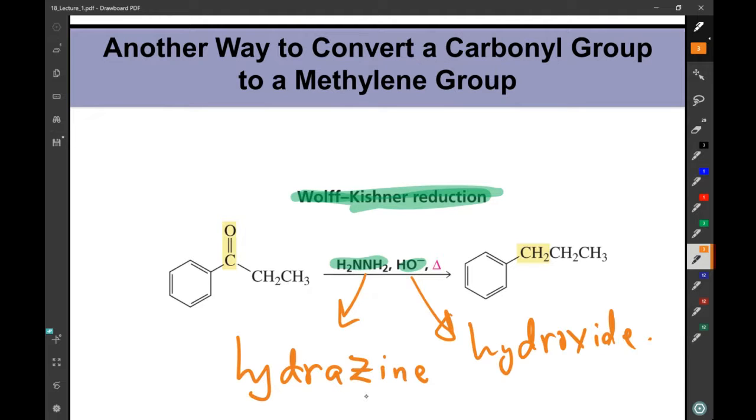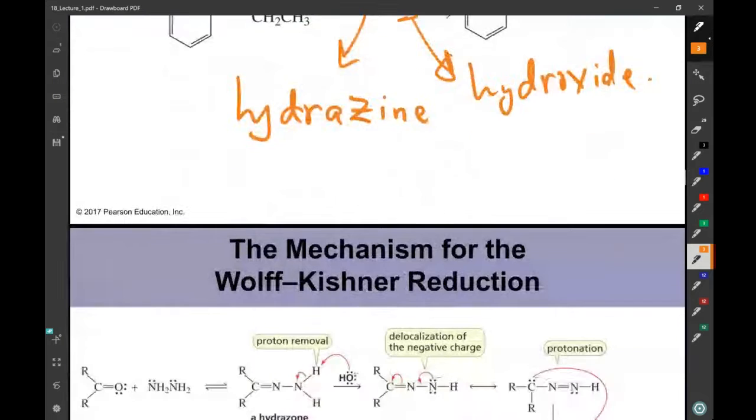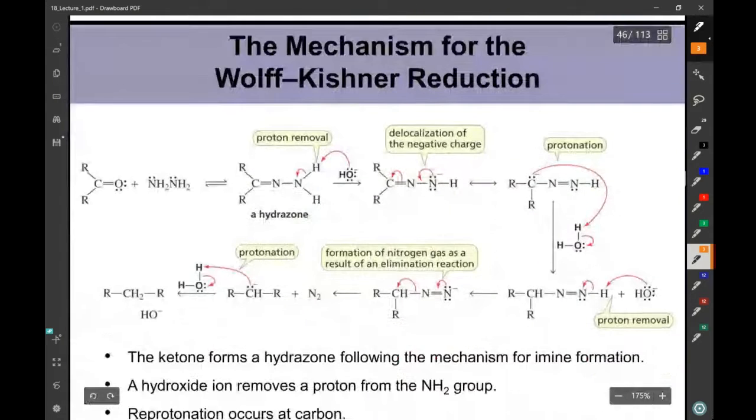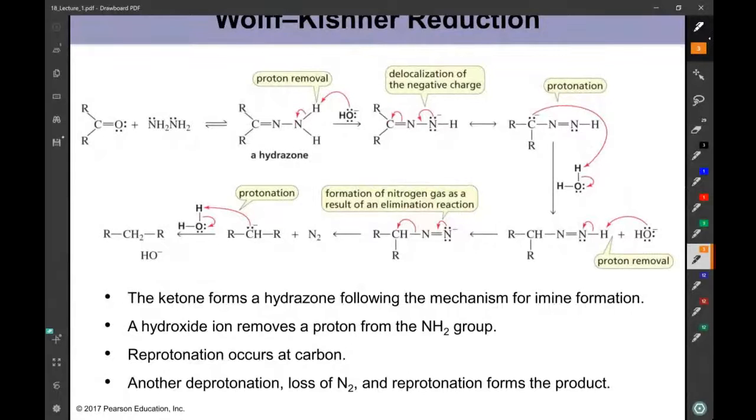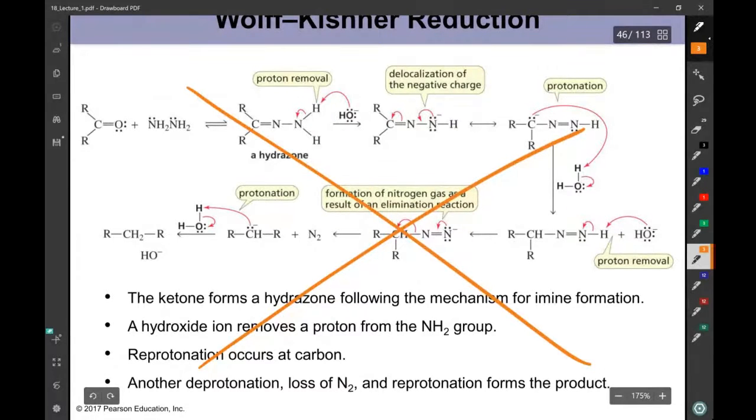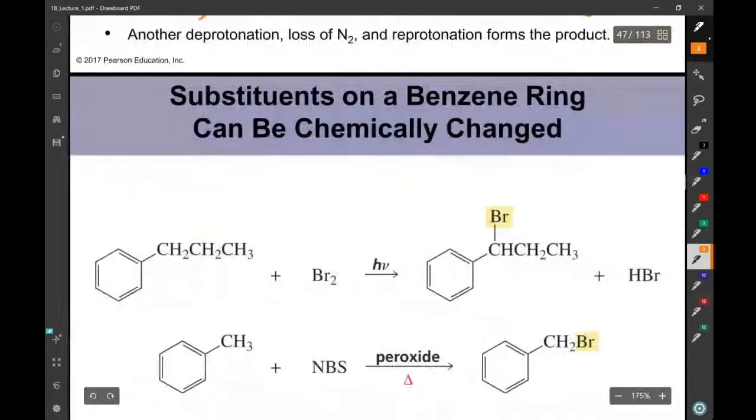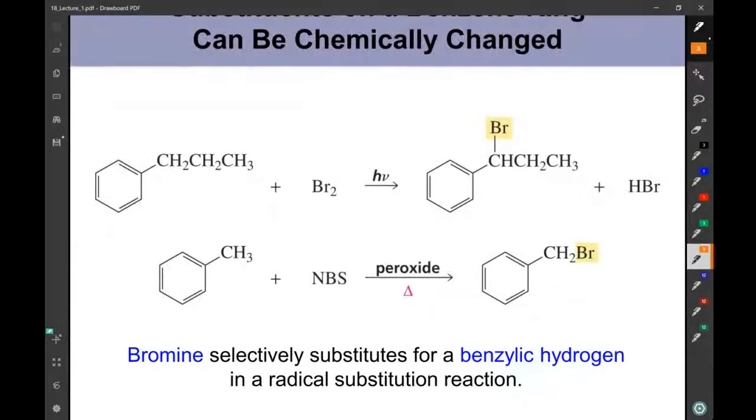This Wolff-Kishner reduction is a basic reduction, meaning you are doing the reduction under basic condition using a hydroxide. And if I can do a reduction under basic condition, then chances are I can also do a reduction under acidic condition. The Wolff-Kishner reaction mechanism, I don't expect you guys to know it.